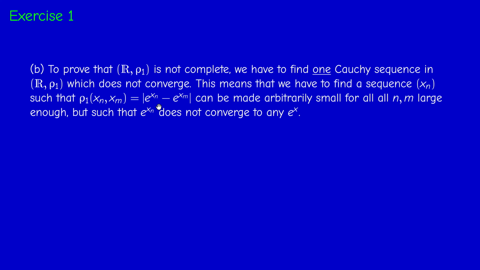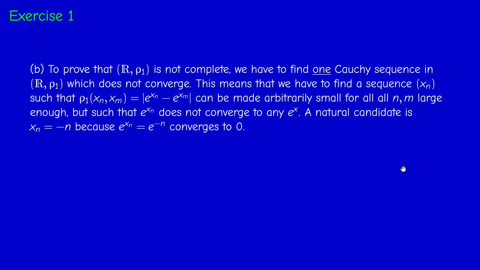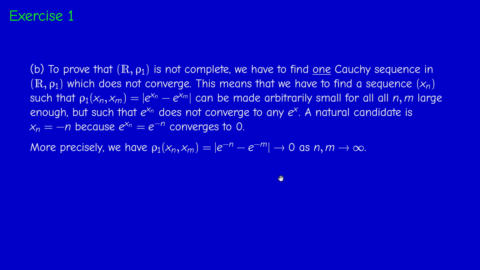Now this is easy. It's enough to take any sequence converging to minus infinity, then these terms go to 0, but then in this case e^{x_n} goes to 0, so cannot be equal to e^x. This is the idea. So more formally, we can just choose x_n equal minus n, but this is not the unique choice. You can write minus n squared or minus radical n. It will work as well.